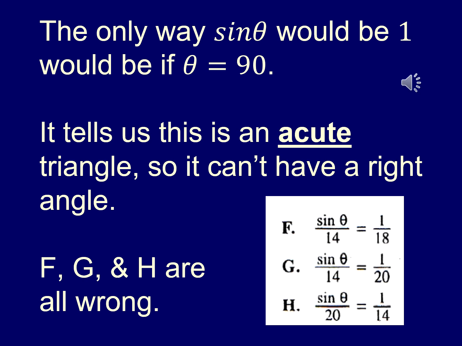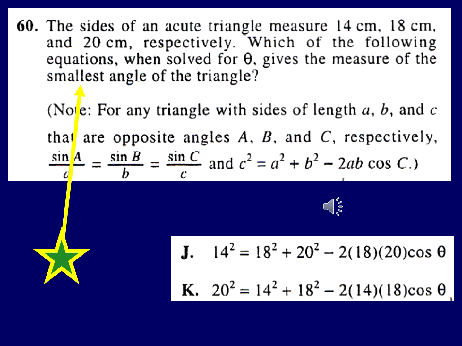And that means right off, it's not F, it's not G, and it's not H. So we're down to the 2 that look like the law of cosines. And the important part of this is it says we want to find the measure of the smallest angle. And so we've got to figure out which of these other 2 choices is going to be the one that'll give us the smallest angle.